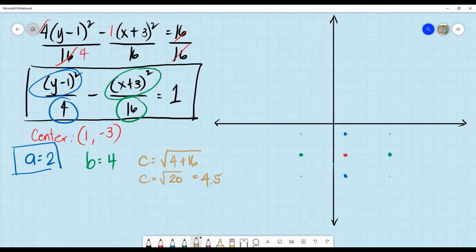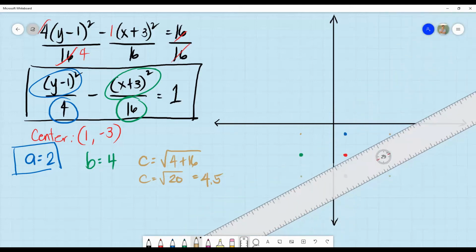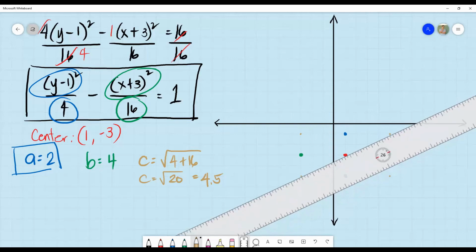So now that we were able to identify that rectangular figure, we can now draw our asymptotes connecting the vertices of our rectangle. So we will have here, don't forget to draw a broken line passing through our center. This becomes our asymptote.